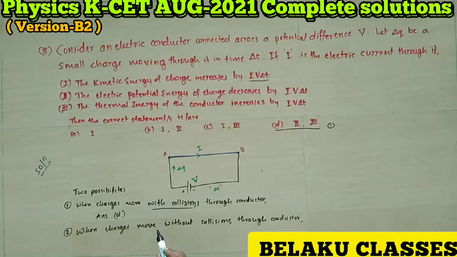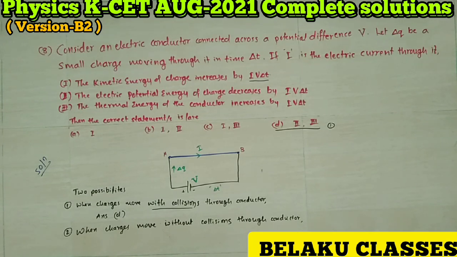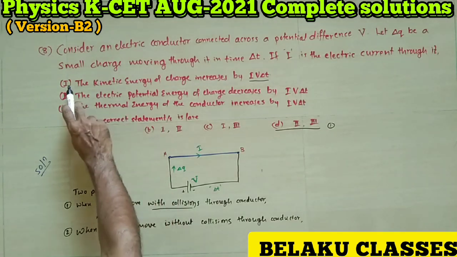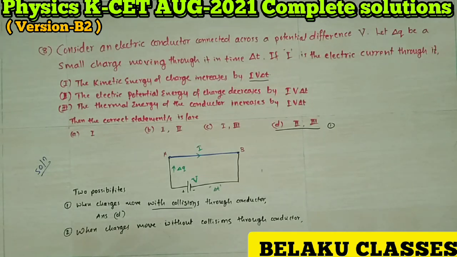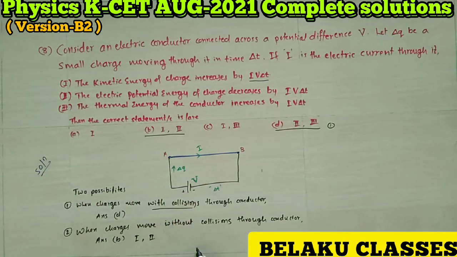Thereby, to maintain the law of conservation of energy, the potential energy decreases by the same factor. That means statements 1 and 2 are the correct statements. Therefore, the answer for the second possibility is B. So the answer may be option B or it may be option D.